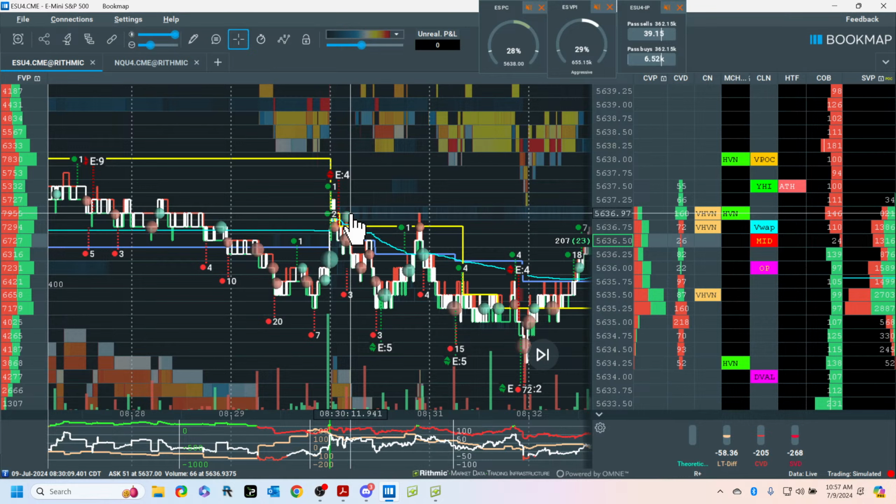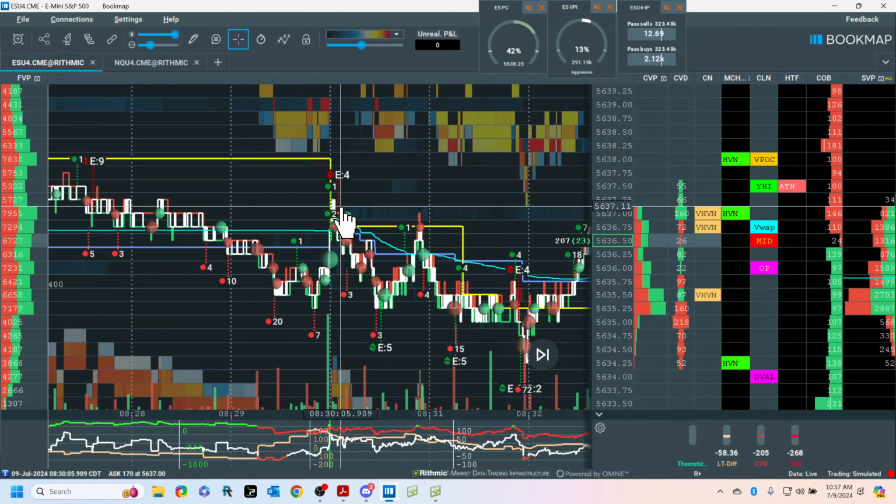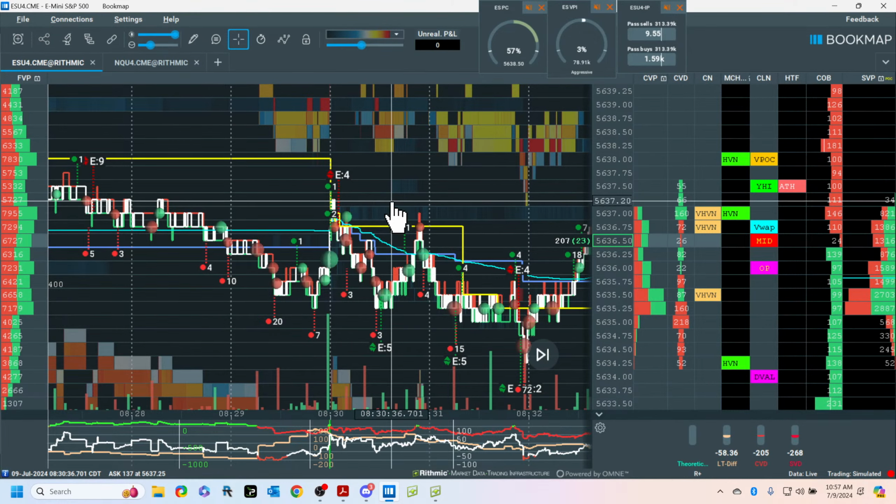Have you ever tweaked an oscillator or a moving average to get it to fit better, or your envelope? Or if you're using a Keltner channel, instead of a 20 SMA, maybe you go to, I don't know, a 10 EMA or something. Have you ever done that? That's called curve fitting. That does not work.